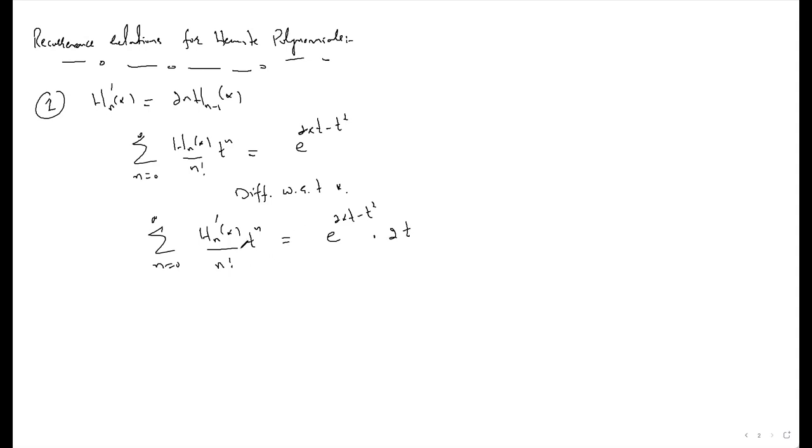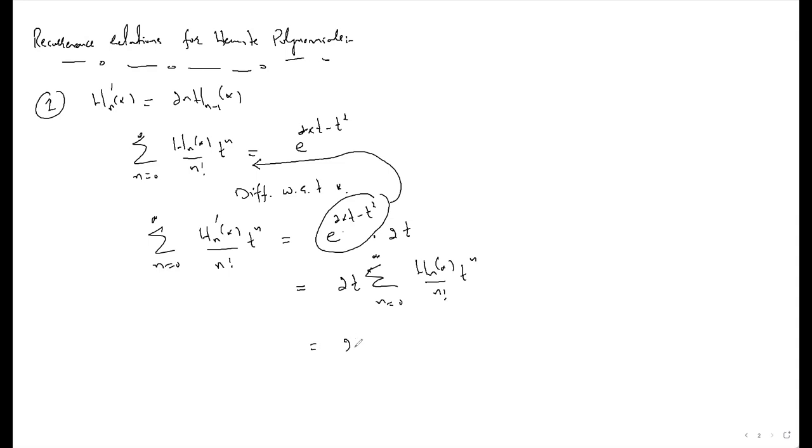Okay, so let us keep the left hand side as such. I will write this as twice t into this. But you know that this term e to power 2xt minus t square is equal to this. So I will write this as twice summation n running from 0 to infinity H_n(x) divided by n factorial t raised to power n, multiplied by t.